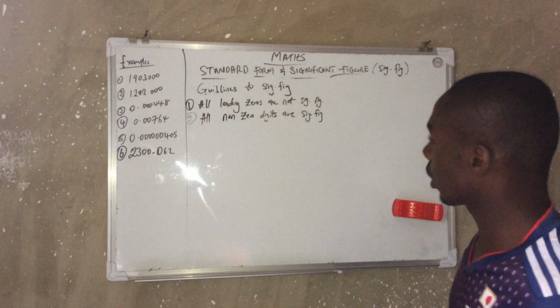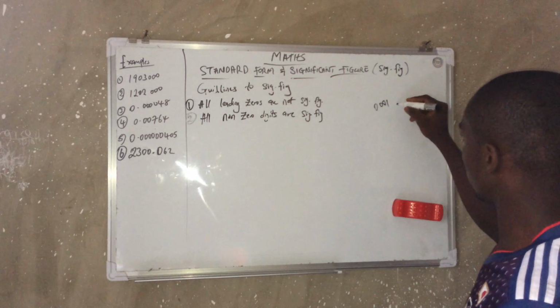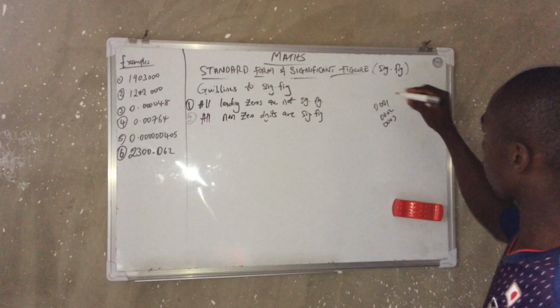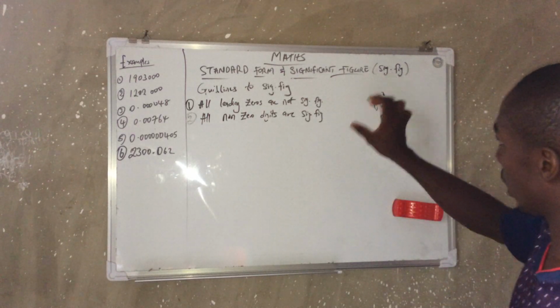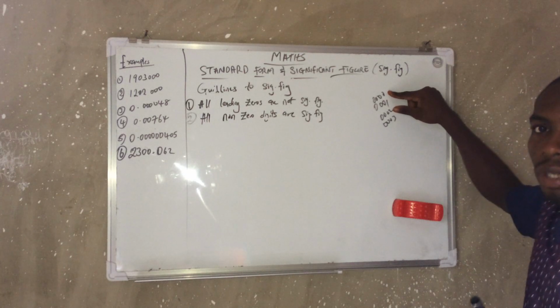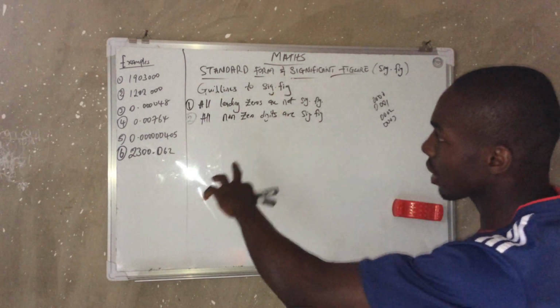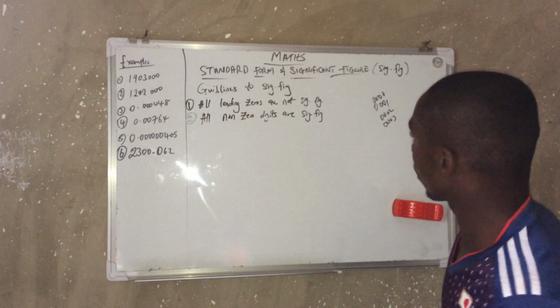So now let's say 0001, 0002, 0003, 0000. Here, how many significant figures do we have? None, because the first guideline said that all leading zeros are not significant figures.